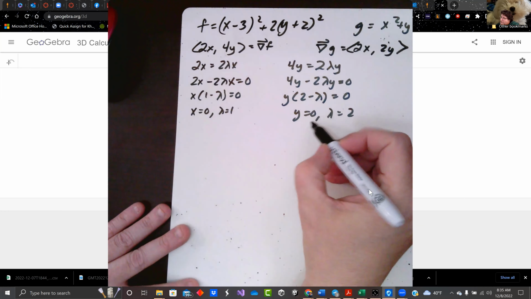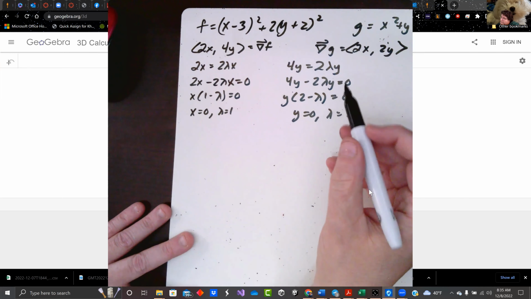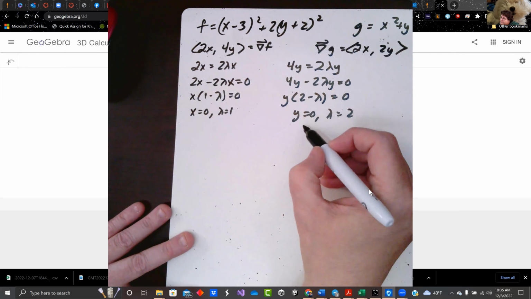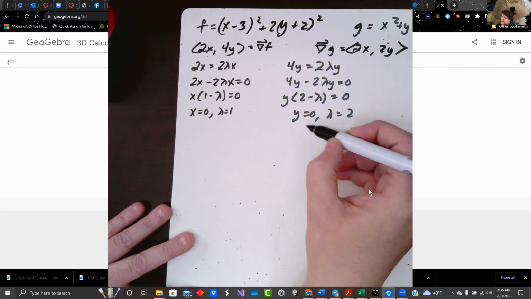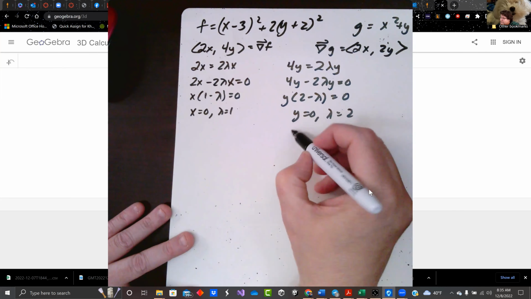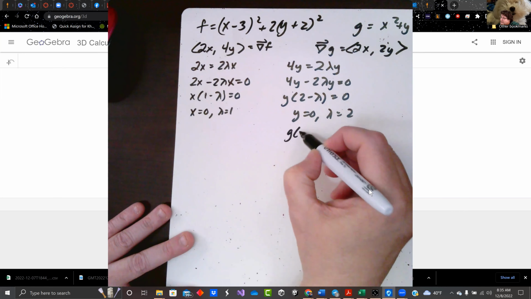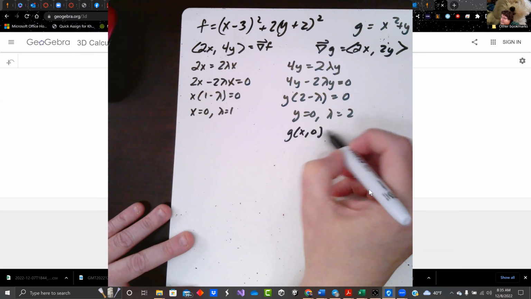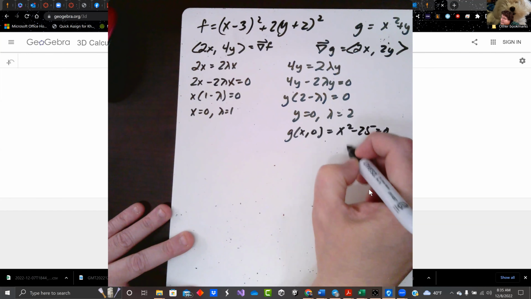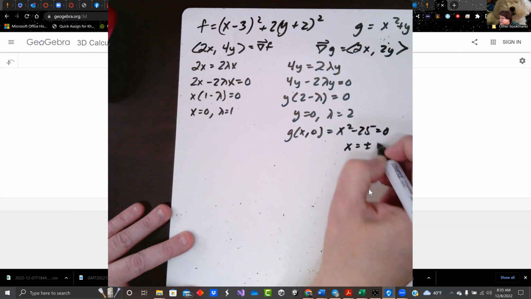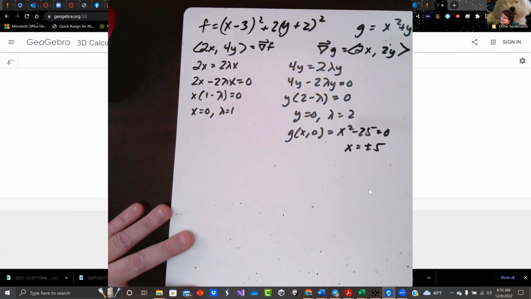I'm going to focus on y equals 0 first. I did x equals 0 first last time, so we'll do y equals 0 first. If I plug in y equals 0, g of x comma 0 is x squared minus 25 equals 0. So x equals plus or minus 5. This might still be the same thing, just with different lambdas.